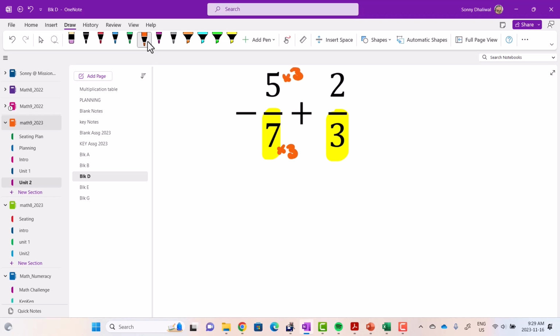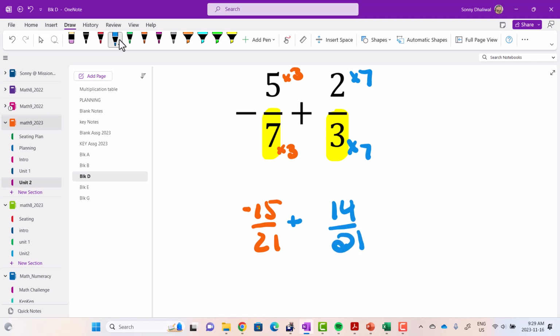Top and bottom. That's what keeps it the same number. Top and bottom. So if it's 15 over 21, and I'm going to move that negative sign to the top. All right? Then I'll have a plus sign. And I'll turn the 7 into 21 after the 3 into 21 after times by 7, top and bottom, 14 over 21. Okay. So now we're counting 21s.